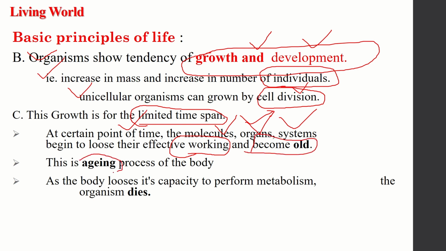The process of aging continuously takes place in organisms. As the body loses its capacity to perform metabolism, the organism can die. When the process of growth is stopped, the organism can die.